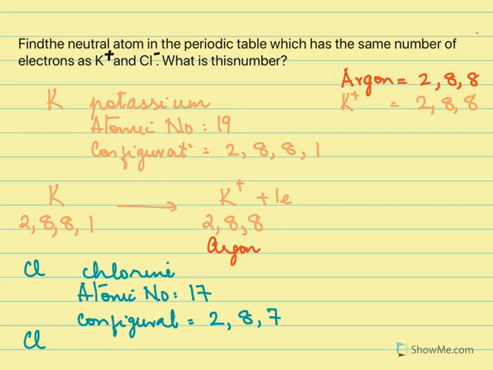So what does chlorine do? It accepts one electron because it has got 7 valence electrons and becomes chlorine -1. And this is 2, 8, 8. This was 2, 8, 7, accepted electron became 2, 8, 8. So chlorine negative is also 2, 8, 8, just like argon.